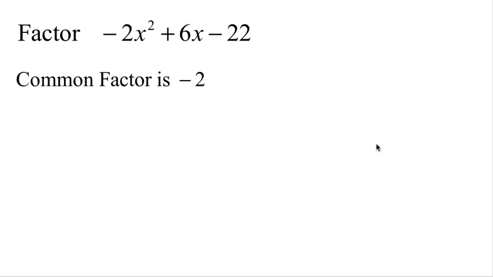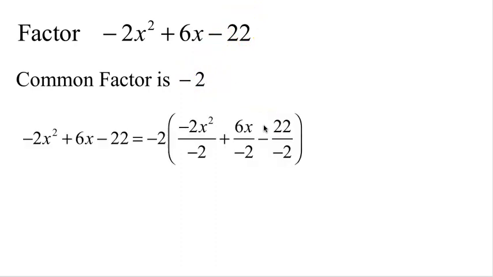If I factor out negative 2, what am I left with? Negative 2x squared divided by negative 2 would be x squared. 26x divided by negative 2 would be negative 13x. Negative 22 divided by negative 2 would be 11. So notice how I've done this. I've written the negative 2 out in front and then divided each piece by negative 2, multiplying by negative 2 and dividing by negative 2.